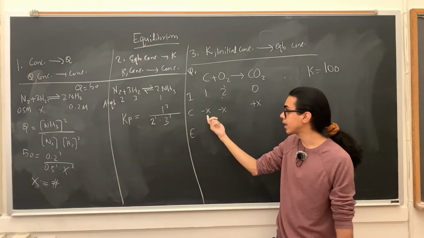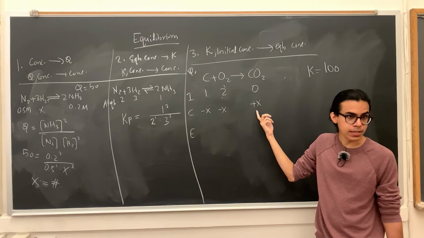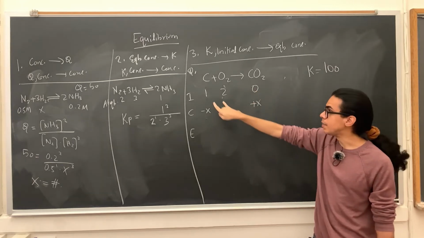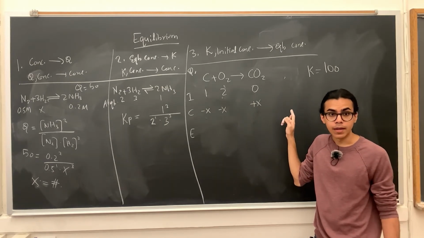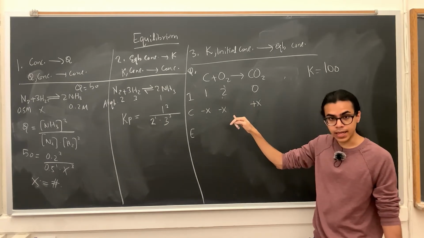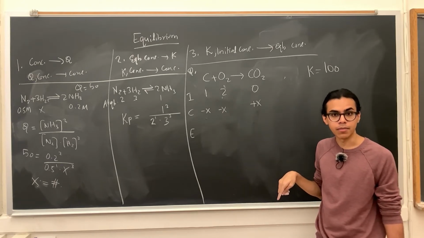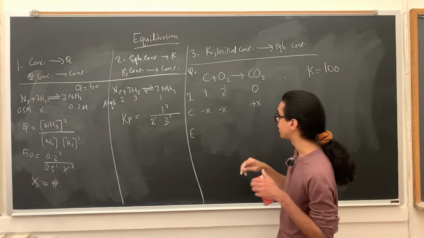So reactants are going to get consumed, products are going to form. But that may not be the case in some other question. Maybe the equilibrium lies behind, so maybe these will add up and these will subtract. That's okay, because if that's the case, when you solve for X, you'll get at least 1 negative value. Okay? We'll do all of that in a second.